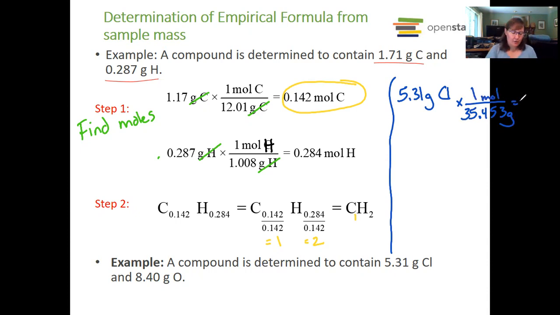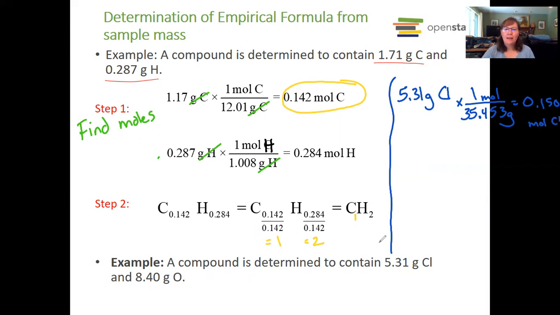Okay, so then I do 5.31 divided by 35.453, which gives me 0.14977. If I can only have 3 significant figures here, 0.14977 becomes 0.150, and that's moles of chlorine.